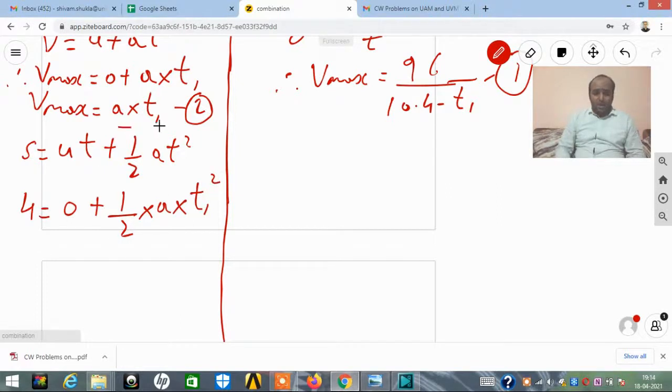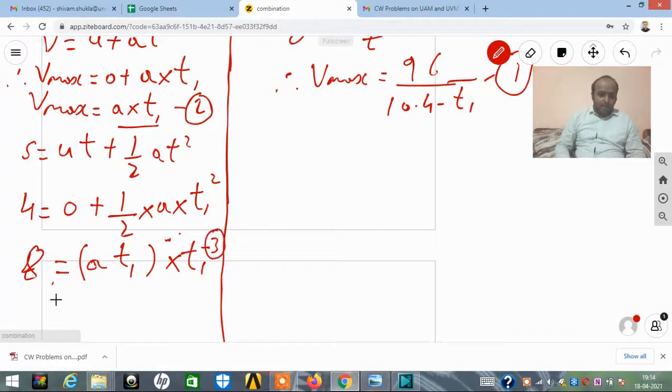Friends, just look at this particular equation, which is related to equation number 2 and equation number 3. To be specific, 2 into 4 is 8, which is equal to A into T1 into T1. This is equation number 3.